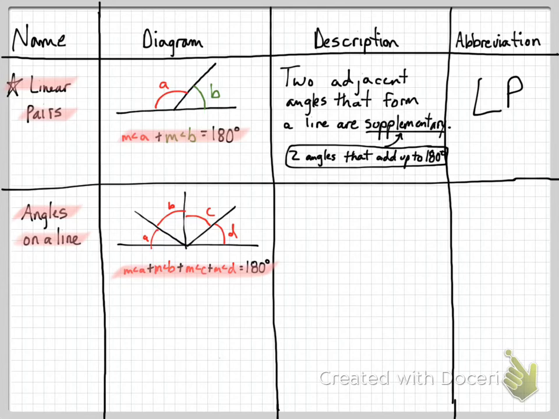Okay, now we're going to throw out some terms here, make sure everyone's on the same page, but the description of this is that consecutive adjacent angles on a line sum to 180 degrees.